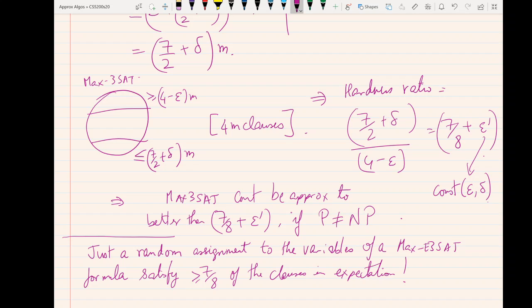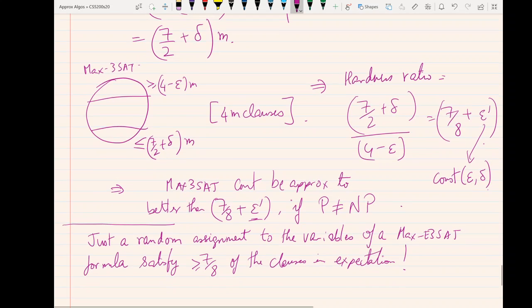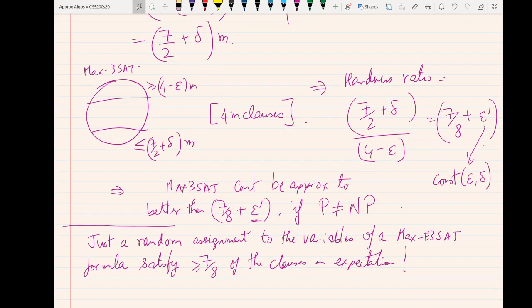Okay, and it can be de-randomized, so there is a deterministic algorithm that gives you a 7 over 8 approximation, and anything better than 7 over 8 is NP-hard. So this is a really strong threshold result for max 3 SAT in terms of hardness versus approximation, and this is why we say that the max 3 SAT question is kind of settled.